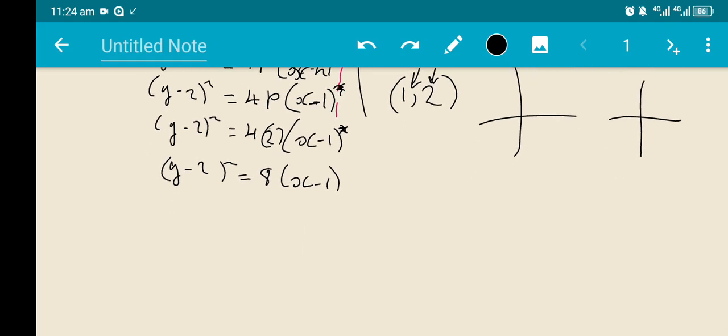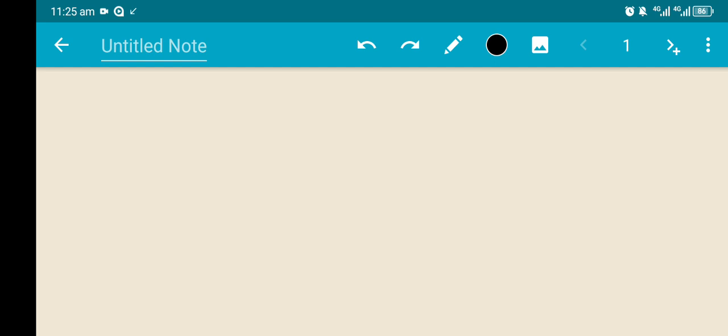And then doing this second example, what is this saying? They're telling us, find the equation in standard form of the parabola with its focus at negative 4 comma 1, and the equation of the directrix is x equals 5.